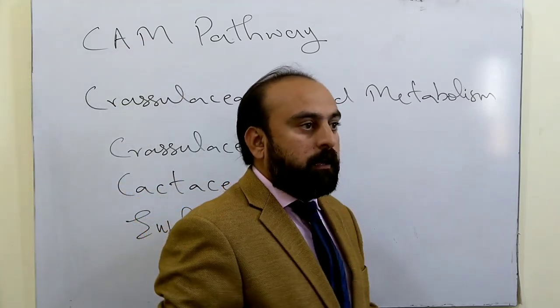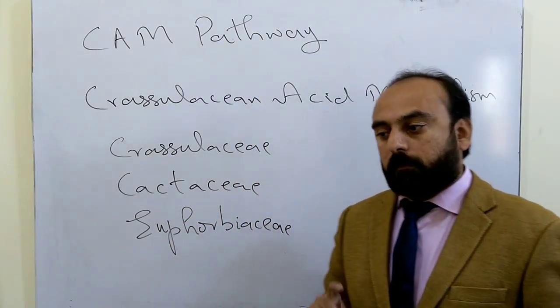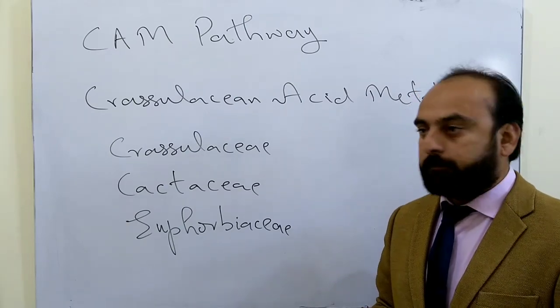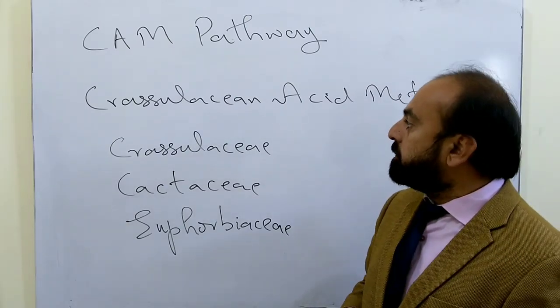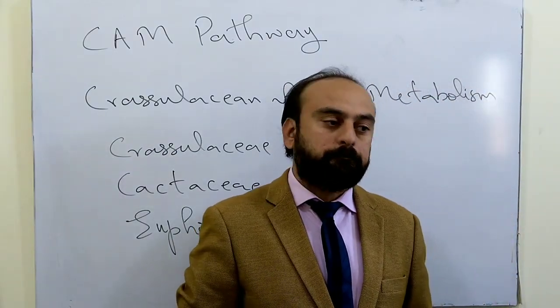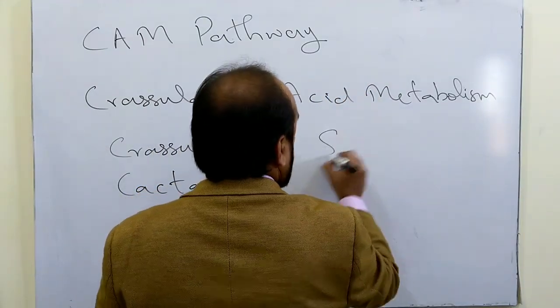C4 plants have Kranz anatomy, that is a tightly fitted layer of cells around the vascular bundles called bundle sheath cells, whereas CAM plants like pineapple, agave and cactus exhibit succulence.